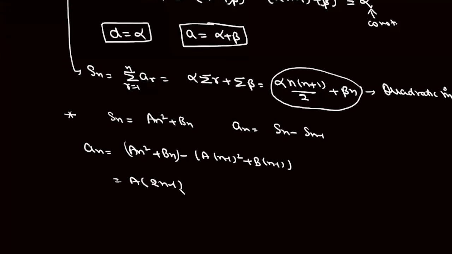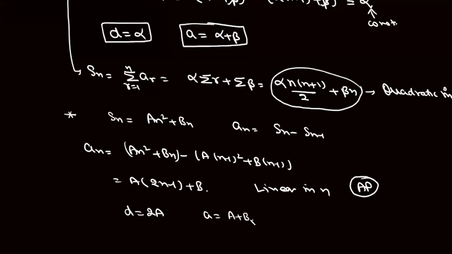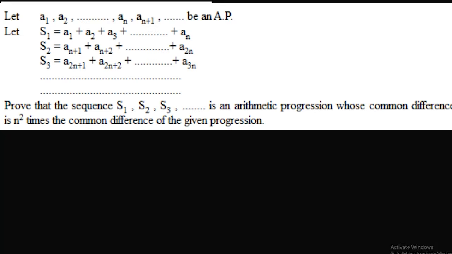So there will be a(2n minus 1) plus b, which again is linear in n, and therefore it will be an AP. So from this condition also, we can find out this is an AP, and here alpha is 2a. So its common difference will be 2a, and its first term will be simply a plus b.